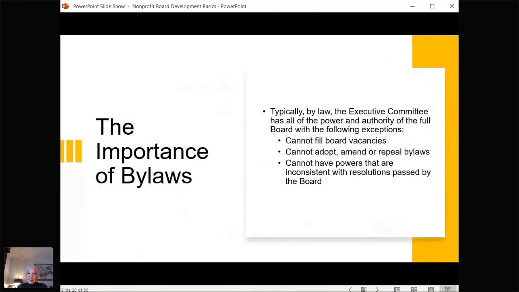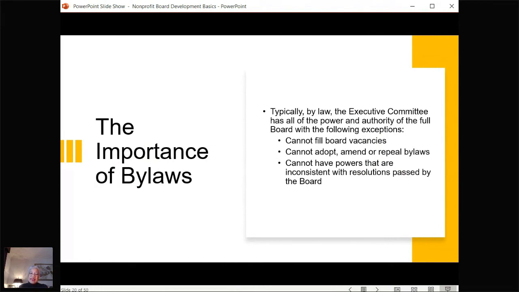So typically, by law, the executive committee has all the power and authority of the entire board, right? However, there are a couple of exceptions. First of all, the executive committee can't take it upon themselves as a group to select board members. That's a job for the whole board.